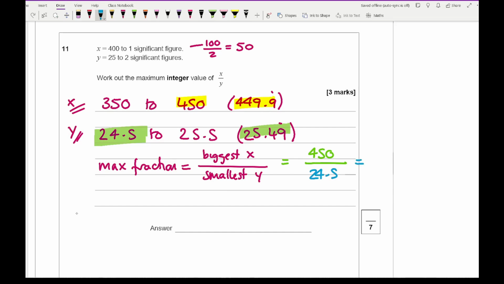So then working that out, I get an answer of 18.36734 and so on. Now the question asked for the maximum integer, so the maximum integer is going to be 18, and that concludes the end of this number audit.